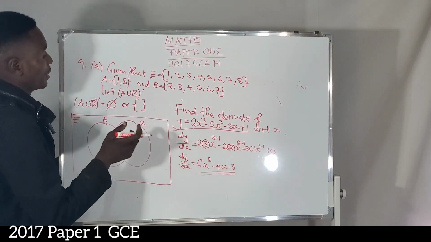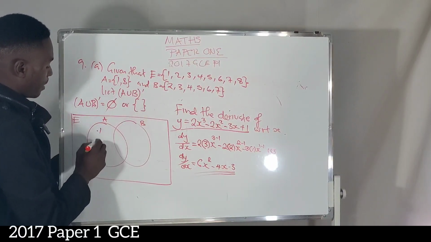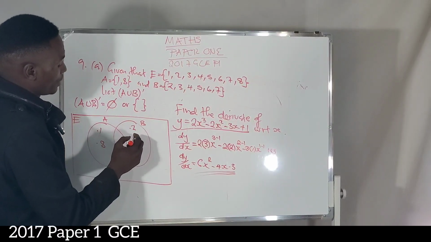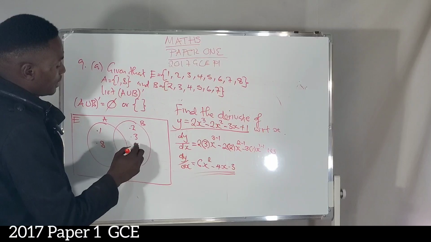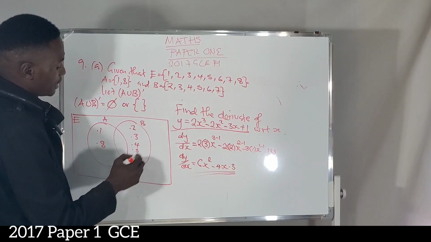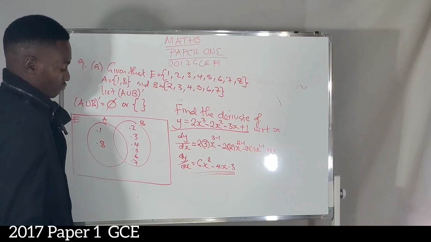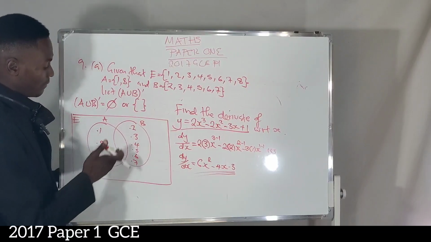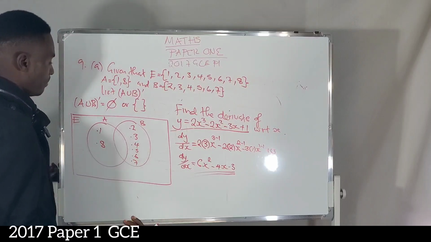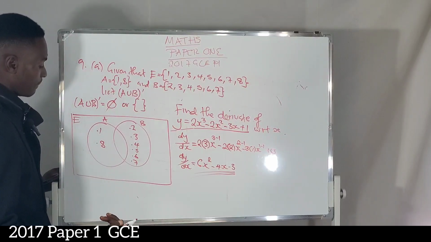No, we don't. So in A we have 1 and 8, in B we have 2, 3, 4, 5, 6, 7. Outside we don't have anything, and we don't have anything common that A and B are sharing.